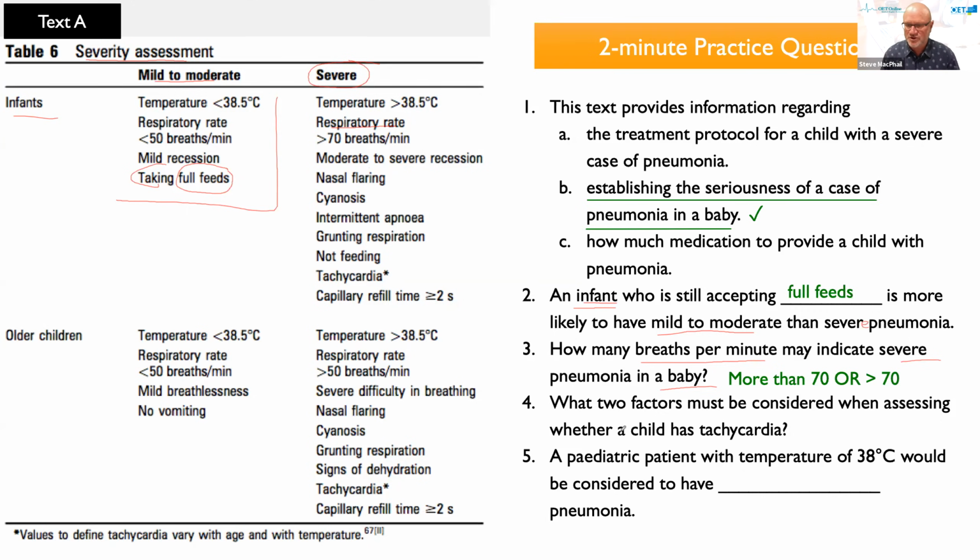Okay, next question. What two factors must be considered when assessing whether a child has tachycardia? Here's our search word, tachycardia. We've got tachycardia here, but it's a child, so I don't want to look at that one. I'm going to go down here, everyone.